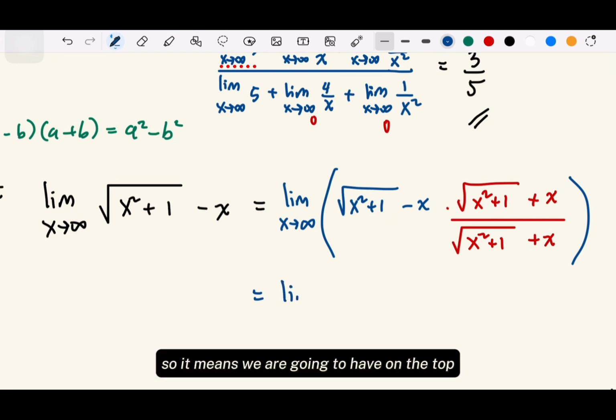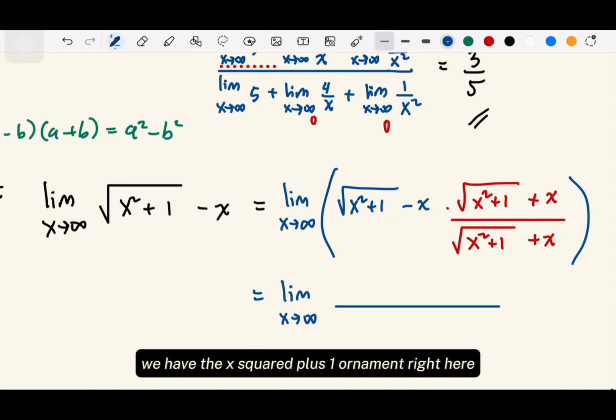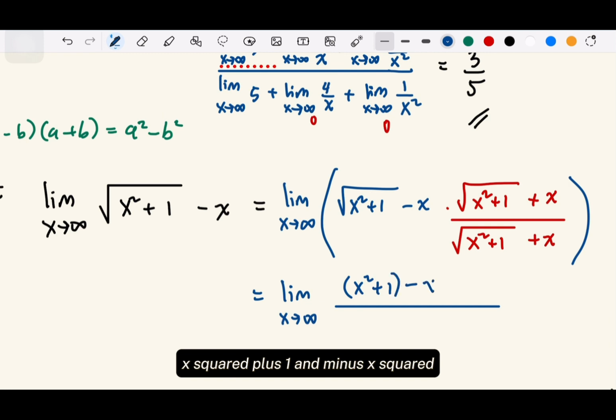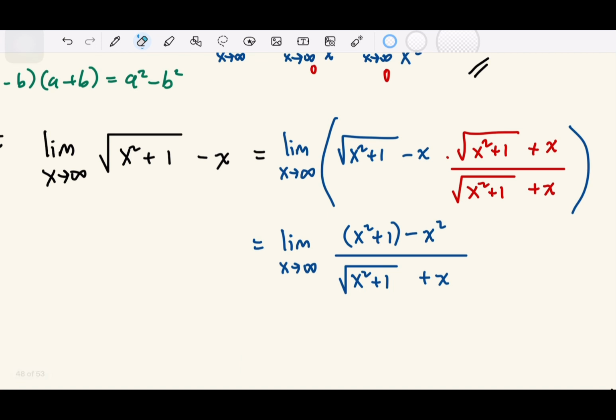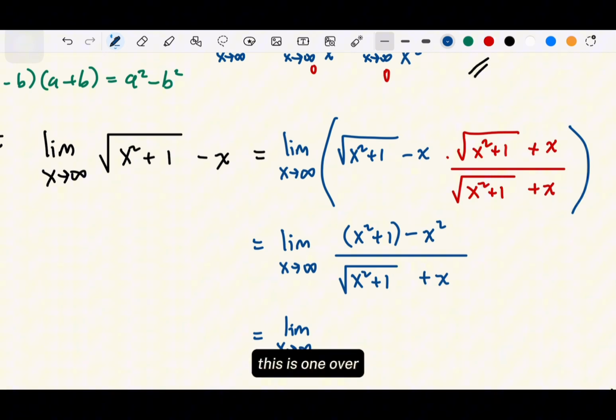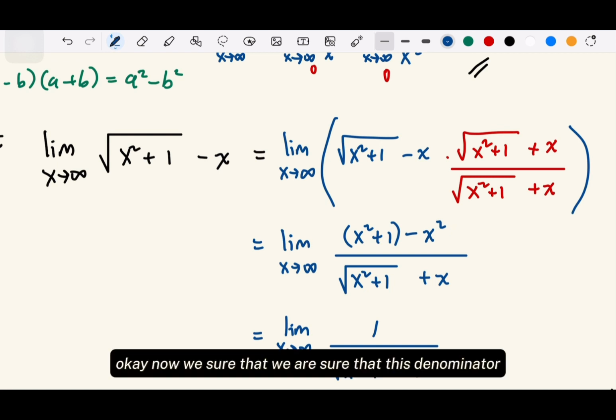So it means on the top, we have x squared plus 1, and then minus x squared. And in the bottom, we have the square root of x squared plus 1, plus x. And then we have the limit, this is 1 over that.